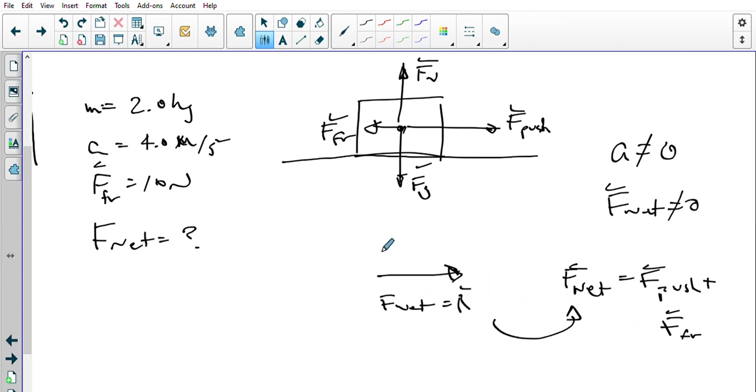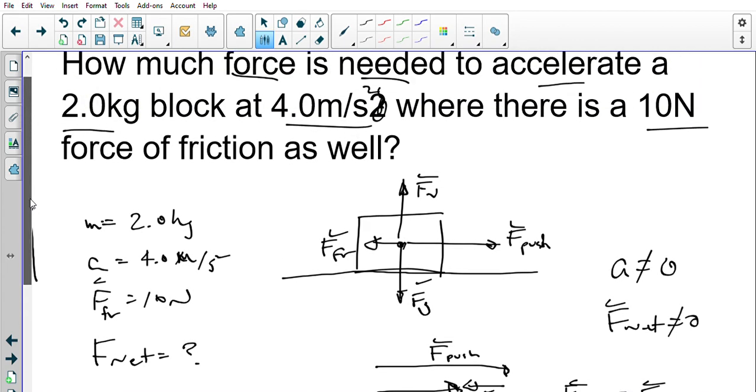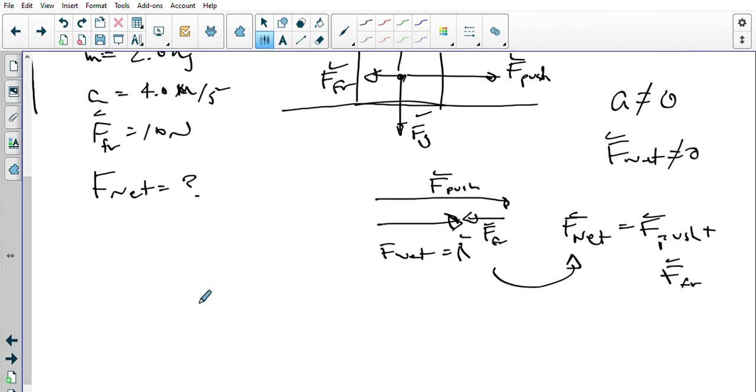So how do we get that resultant? Well, we have to have a force of a push that is greater because we have this force of friction that we're adding to it. This plus this is going to be our net force. We're going to have a force of a push that is greater than what our net force is. The thing is that we can calculate what the net force is. We can use F net is equal to ma.